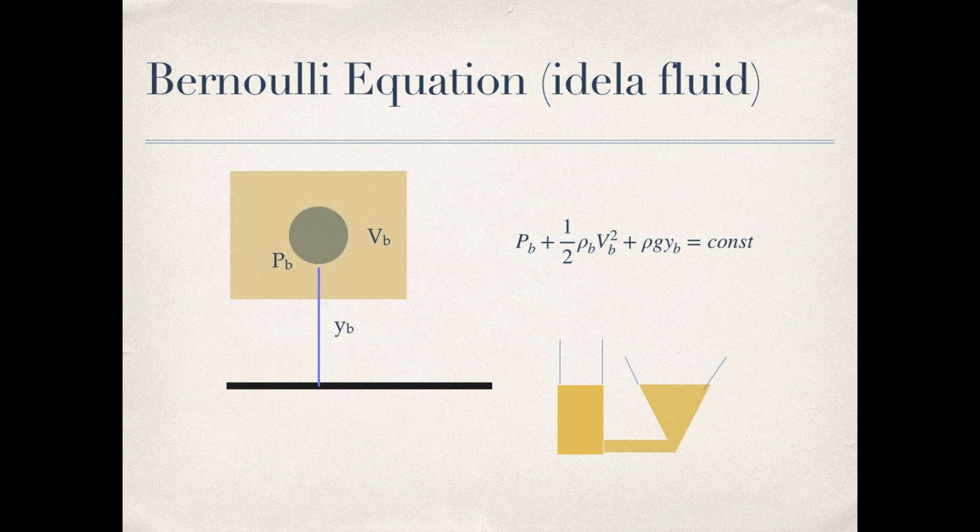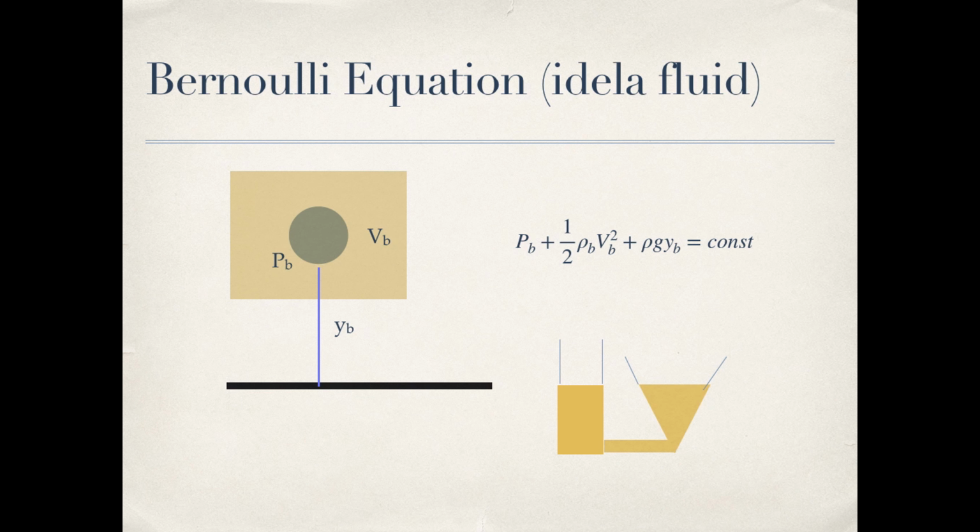So I have to add to the energy contained in this unit of mass of the liquid also the pressure. And this is the total amount of energy in that little volume, and because the energy is conserved, whatever happens in the liquid, this must be constant. And that is the Bernoulli equation.